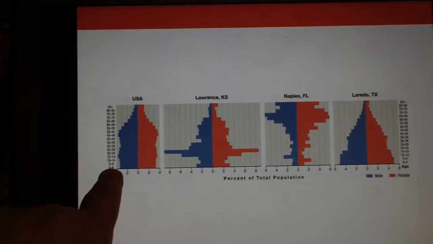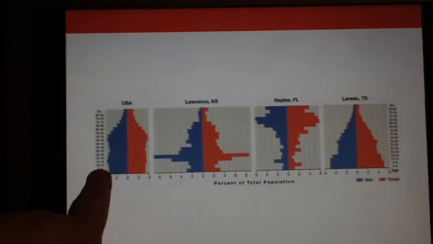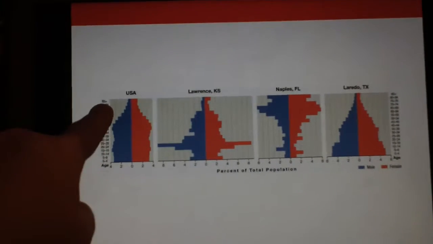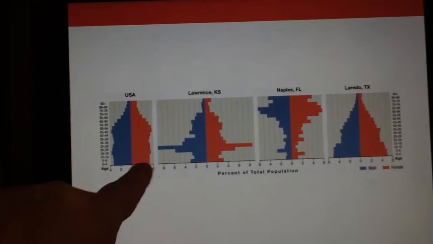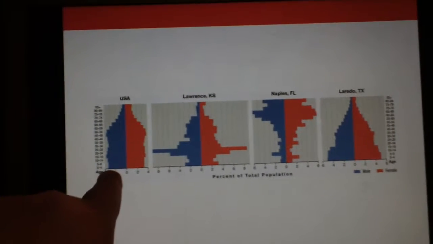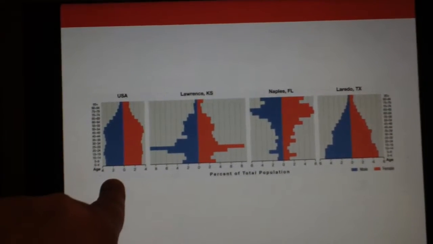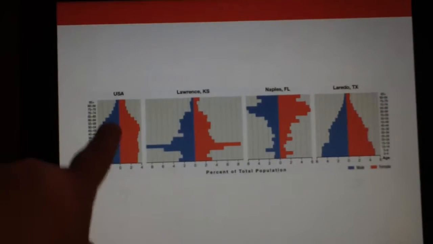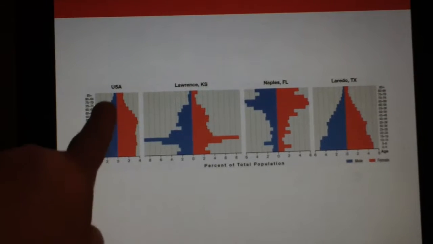And this is 0 to 4, 5 to 9, 10 to 14, 15 to 19, etc., all the way up to 85. So down here, you're looking at the percentage of the population, and up here, you're looking at the age of the people.